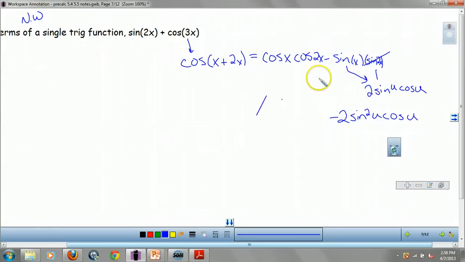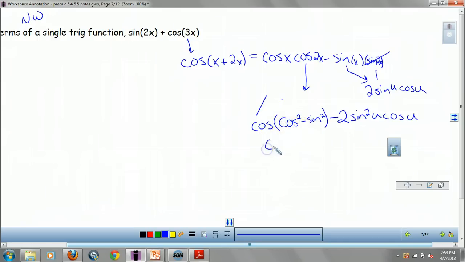Well, it's going to be a negative. Remember, cosine of 2x is cosine squared minus sine squared, right? And this all times cosine. Okay.